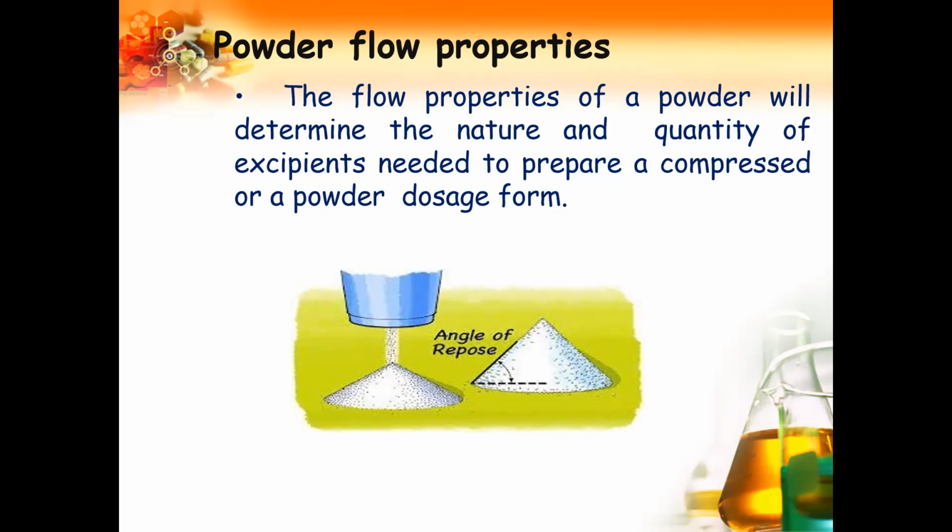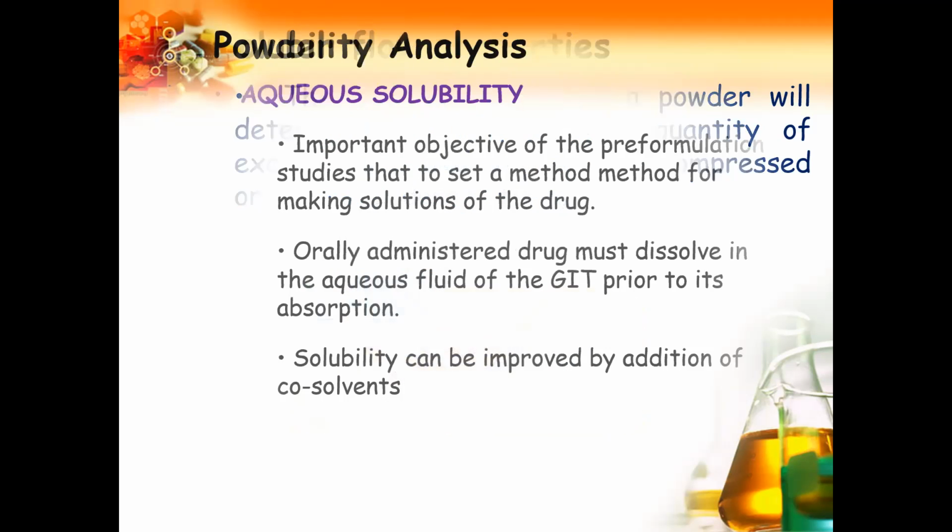If our API has poor flow, then we need to add some glidants like talc, magnesium stearate, or starch into the formulation. So powder flow properties should be considered properly, which will help to select excipients.